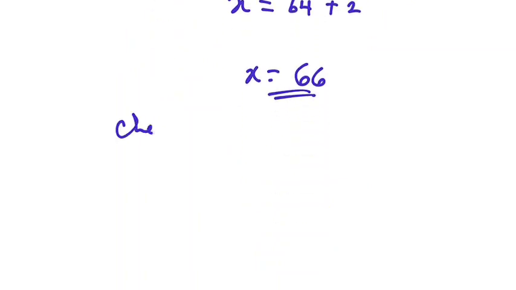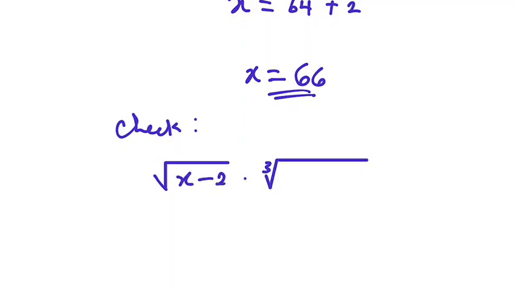Alright, so let's check. So we have the square root of x minus 2 multiplied by the cube root of x minus 2 then equals 32. So we want to know whether what we have is right or not. And don't forget that this x equals 66. The 66 is greater than 2 because we've already stated that from the beginning.